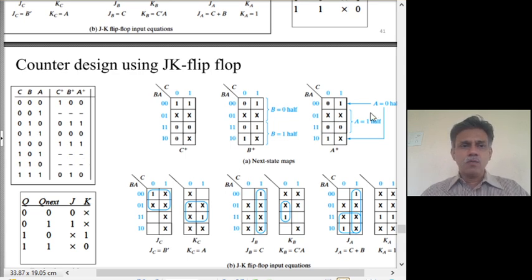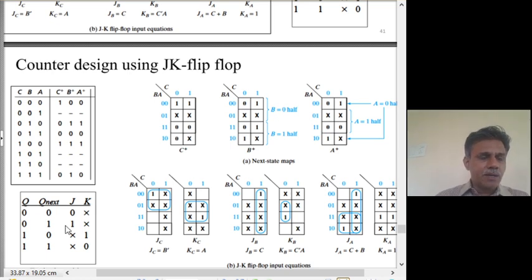Now, how do we get from the K maps of C plus, let us say, the K maps for JC and KC is the next question. Well, for that let us look at the excitation table. If you look at the excitation table, you will see that there are many don't cares.